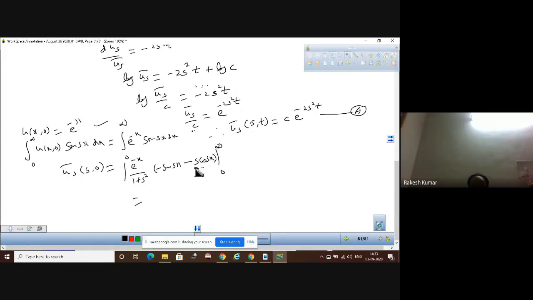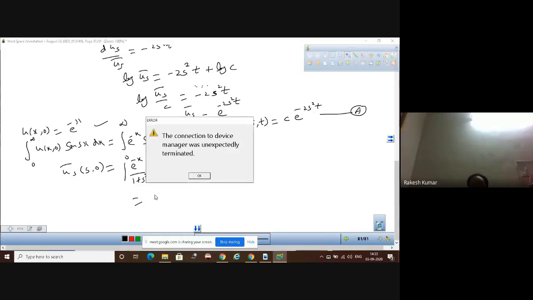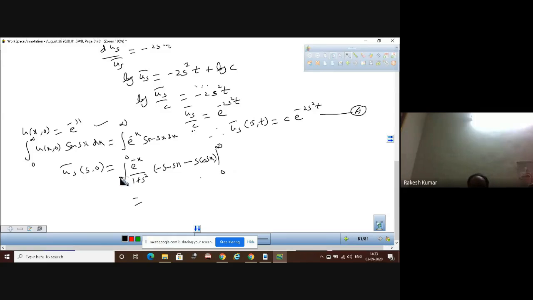If you solve these limits, after substituting the limits, it comes out to s upon 1 plus s square. So remember, this is the value from the third condition, and we shall use this value.